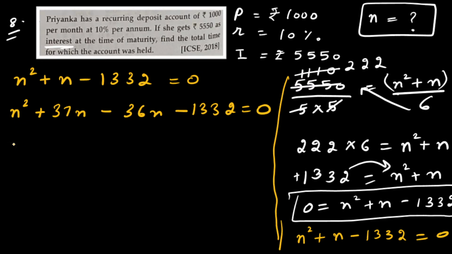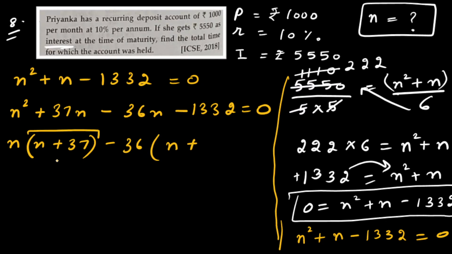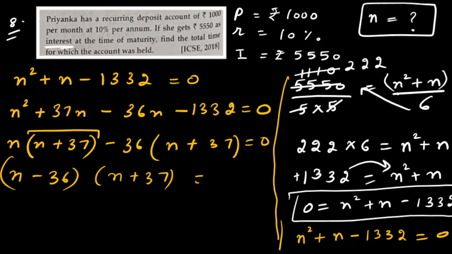Here we can take n common. So n plus 37. Here we can take minus 36 as common. So here n, again minus is outside the bracket. The same term we have gotten here, you can write the same. So n plus 37 is equal to 0. We got the two factors, n minus 36 and n plus 37 is equal to 0.